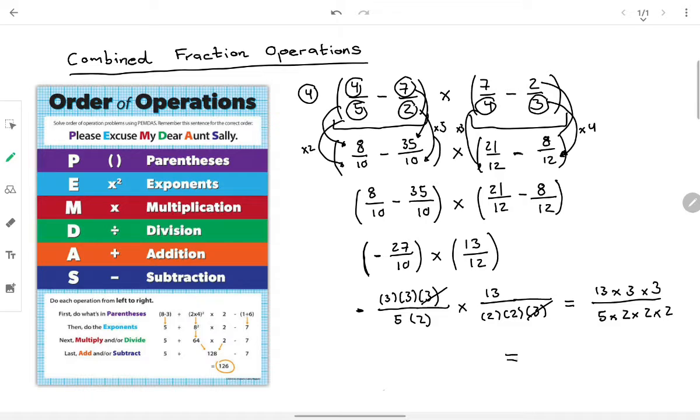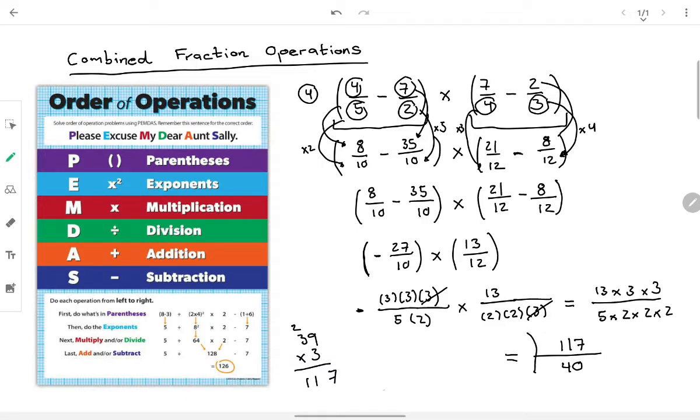So we will get 40, and we will get 39 times 3. That will be 117 over 40.